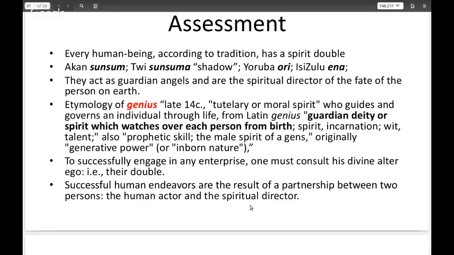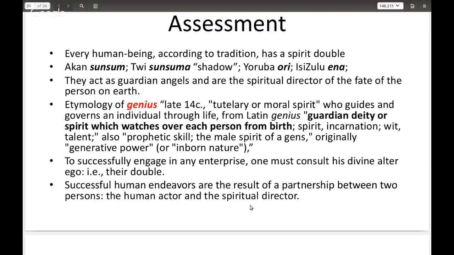Also prophetic skill, the male spirit of a gens, originally generative power. Thus, to successfully engage in any enterprise on earth, one must consult his divine alter ego, therefore their double. Successful human endeavors are the result of a partnership between two persons, the human actor and the spiritual director.